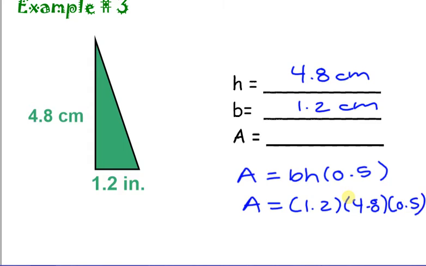And so when you put that all in your calculator, you should get area equals 2.88. And so your area is 2.88 centimeters squared. Not that bad.